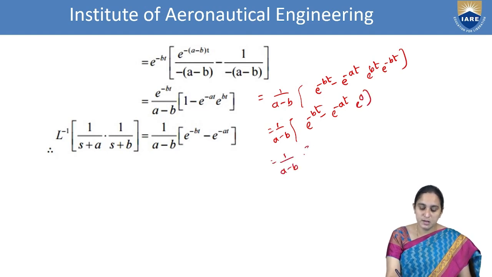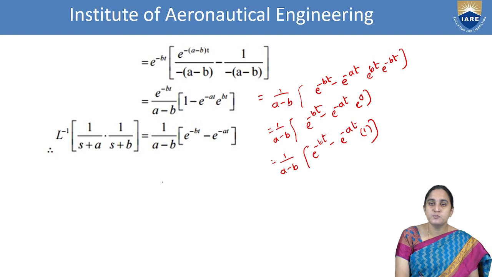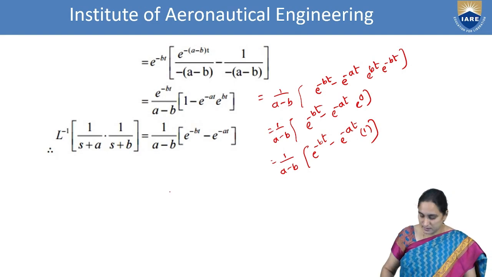Therefore, 1 by (a minus b) into (e power minus bt minus e power minus at). By using the convolution theorem, the Laplace inverse of 1 by (s plus a) into 1 by (s plus b) is equal to 1 by (a minus b) into (e power minus bt minus e power minus at).